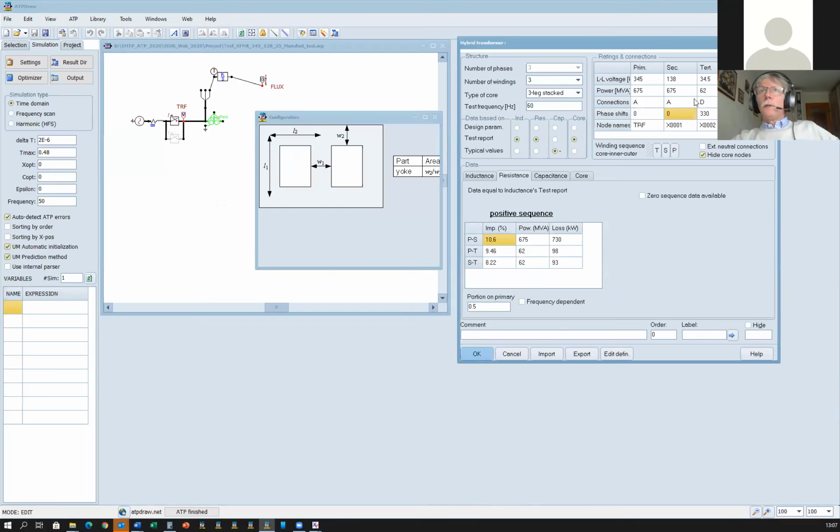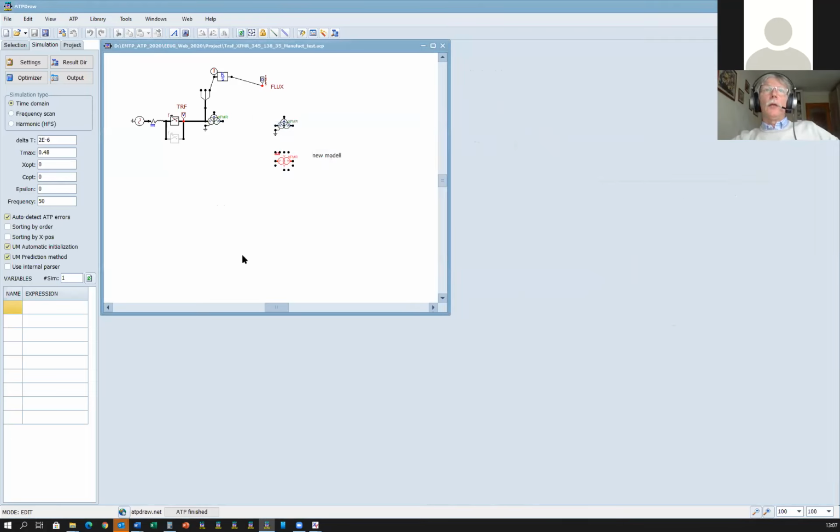As a conclusion, I can say that working with nonlinear modeling is not the simplest modeling with ATP. It's much more complex than working with transformers in any load flow software or in any voltage control studies, because in these studies, the transformer is a linear device.